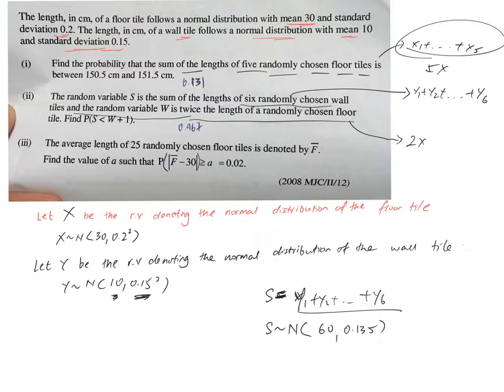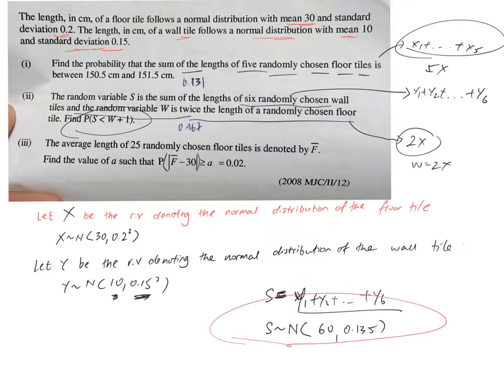For W, which is equal to 2X, very similarly, now 2X takes on the mean 60 and variance 4 times 0.2 squared. Alright, combine up.